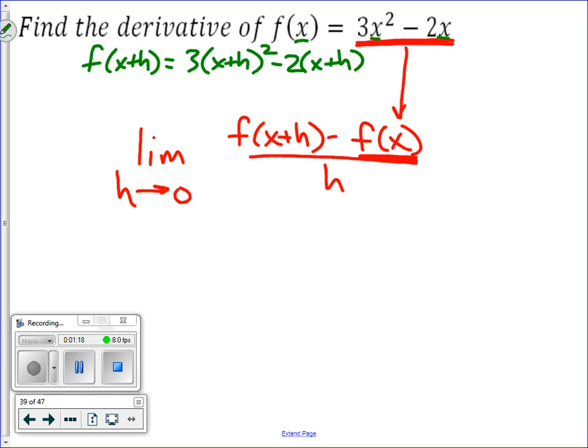Remember that anytime I plug an x plus h into the function, it has to have parentheses around it. Okay? Don't leave the h outside the parentheses. That would be very bad. That would be wrong. So now we know that this is going to go here. And then we're going to simplify this piece. All right, so here we go.